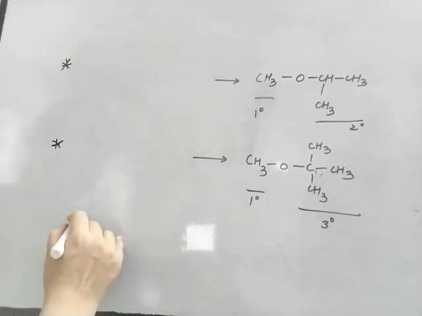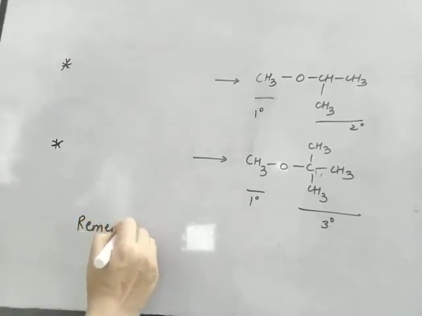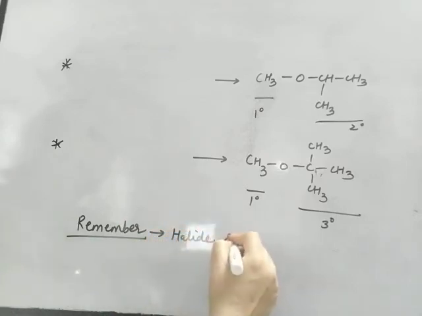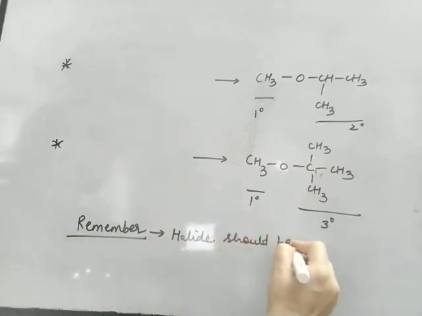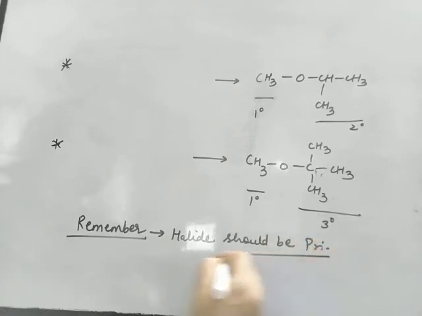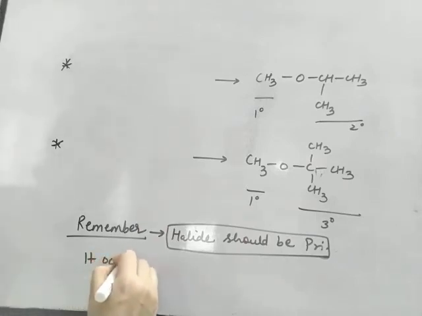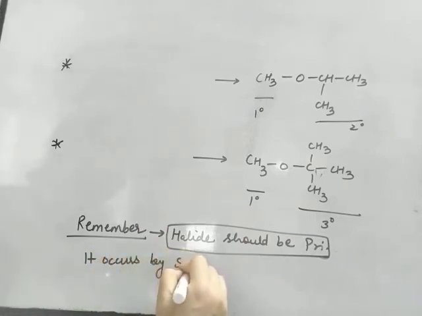Always remember that the halide should be primary. Why? Because it occurs by SN2 mechanism. Your Williamson synthesis mainly occurs by SN2 mechanism, and we know that for SN2 mechanism the best halides are primary.